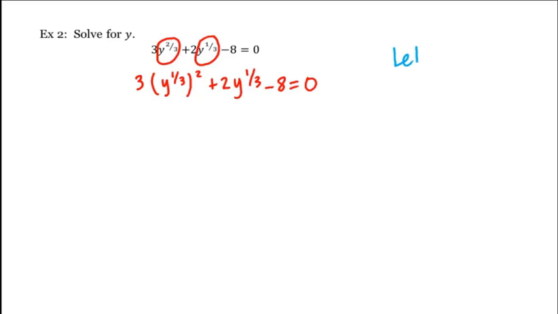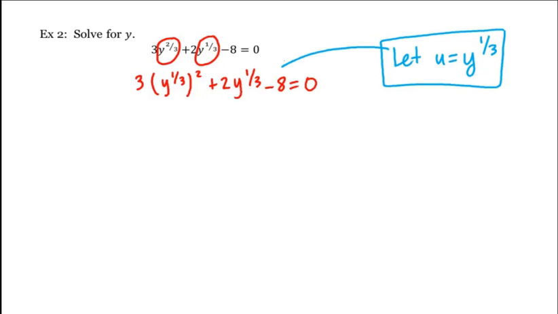Again, let's let u equal y to the 1/3 power, which we then can substitute into our equation.